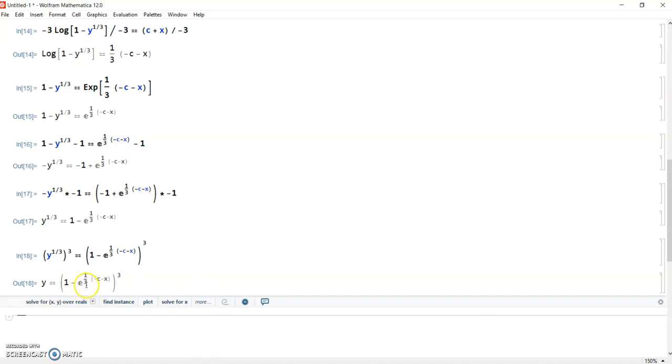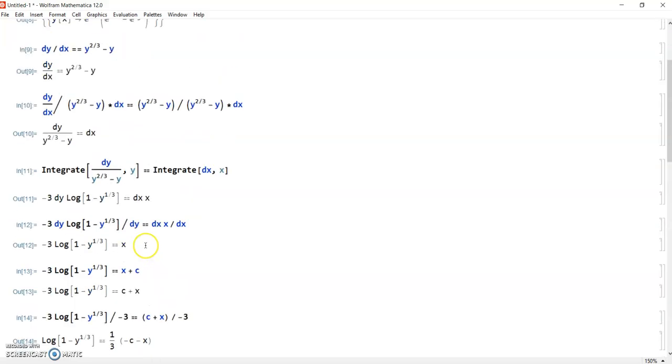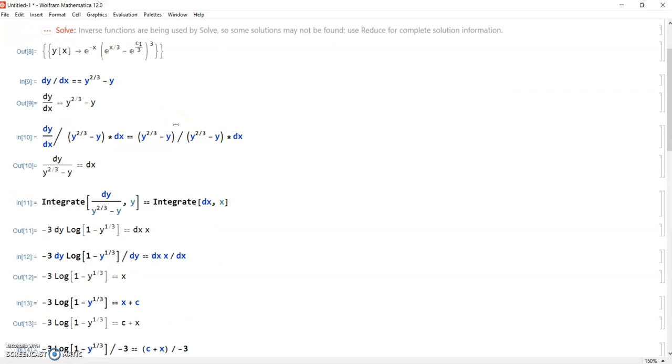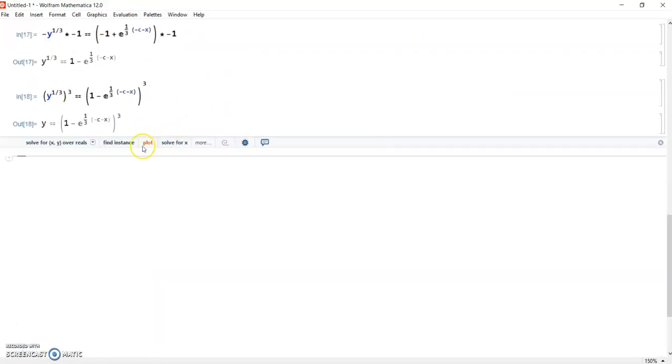So 1 minus e power 1 by 3 into minus c minus x power 3, which is a similar answer to the one we got from here. So it will be e power minus x. The form of the answer is a little bit different, but they will eventually be the same.